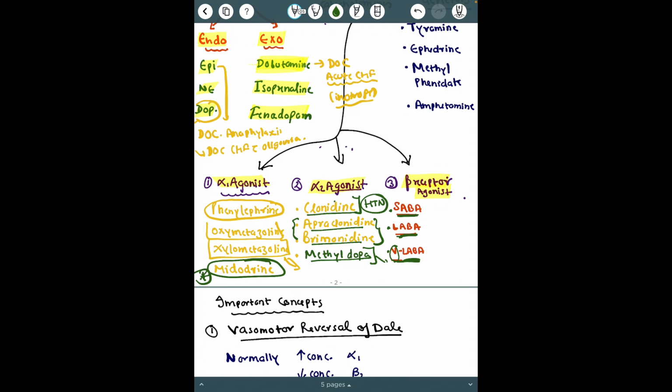In these categories, the SABA contains salbutamol and terbutaline. These include salmeterol and formoterol. And you don't need to remember the drugs in this category.